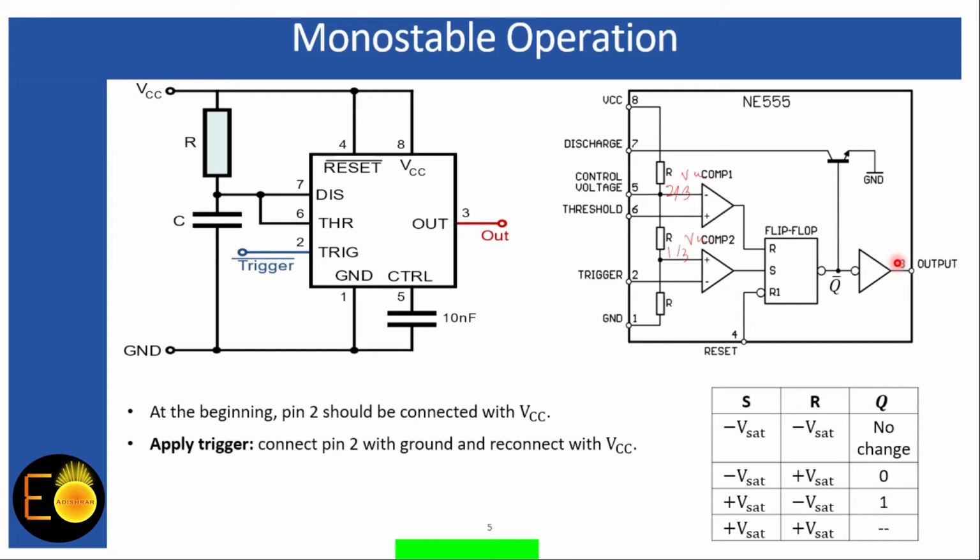Okay, and during the monostable operation, suppose for your smoke detector project you have set the time for this capacitor to charge up to 2/3 of the VCC, say for 20 minutes, but during that time you have managed to remove all the smoke from your room, but still your buzzer will ring. Then you need to reset the device, because there is no problem anywhere.